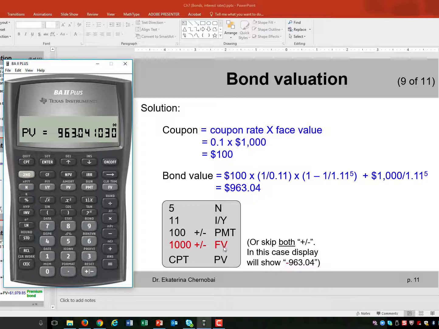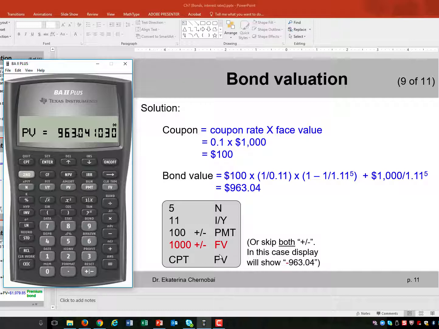So the new thing here is entering the face value, which is FV, future value. And it's always $1,000. And the important thing is, like I explained on the slide, both the PMT, the coupon amount, and the FV, the face value, must be entered with the same sign.